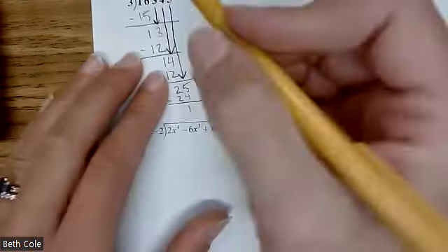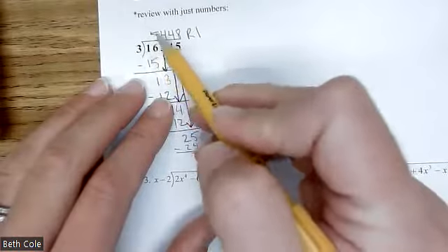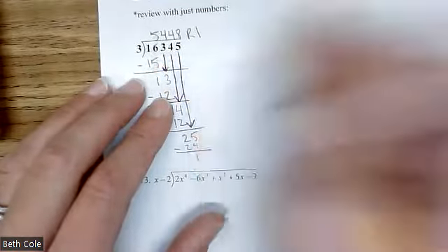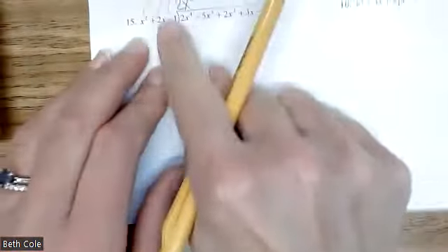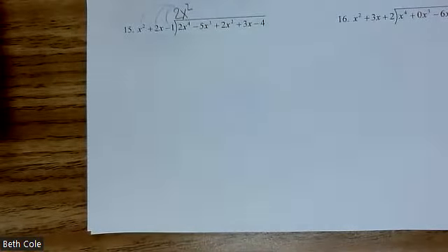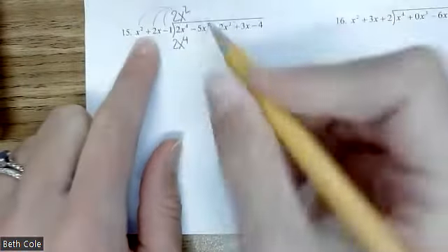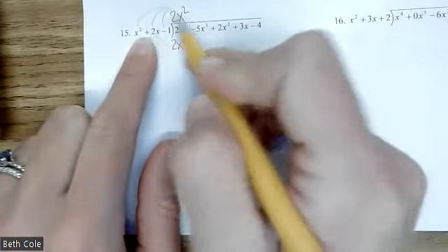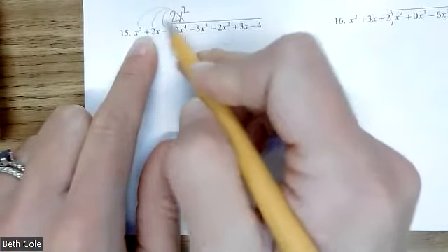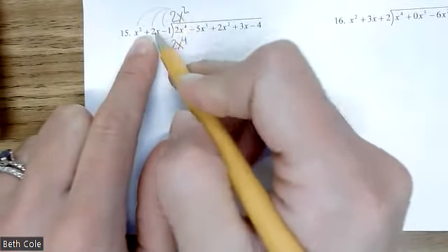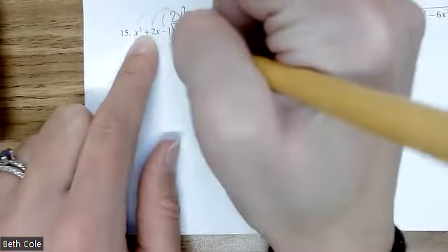It's exactly what we did with the numbers. Do you see how we did 3 times 5 and we got 15? You are just multiplying these together. This is about organization. You need to line them all up, all right? When you distribute this through there, you will get 2x to the fourth and then plus what? 4x to the third.